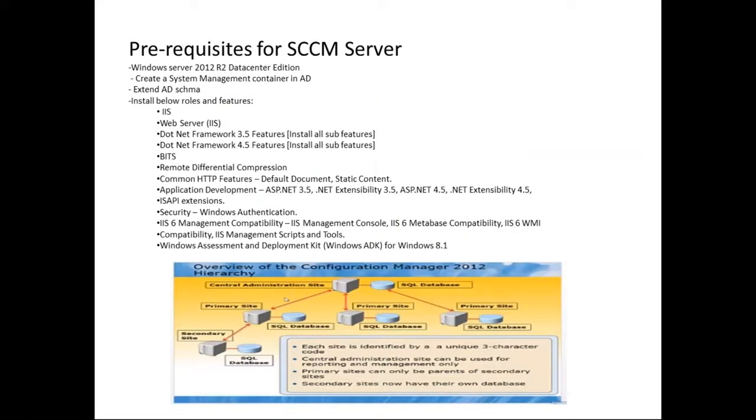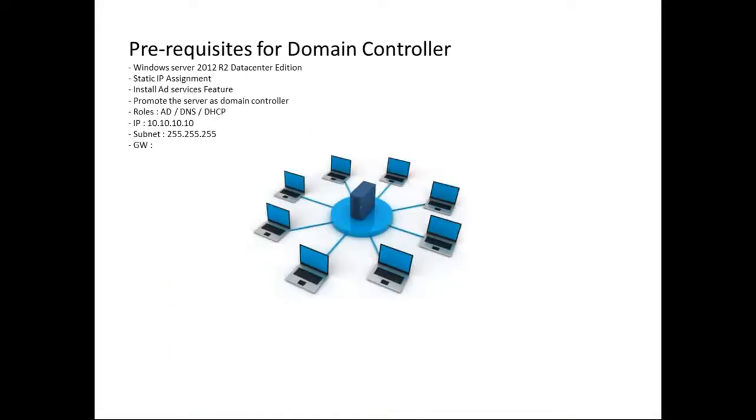And these are the roles. Prerequisite of SCCM server: when you are installing your SCCM box, you need to have these roles installed, and then SCCM can be installed on top of it.